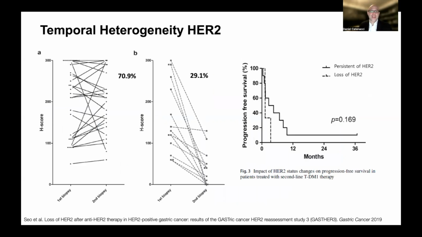And this is a study that was again looking specifically at HER2 heterogeneity over time. And what we saw was that among patients that had biopsies before and after therapy, about 30% of them, after failure of anti-HER2 based first line therapy, were evolving to having HER2 negative tumors, whereas about 70% had persistent HER2 positivity.